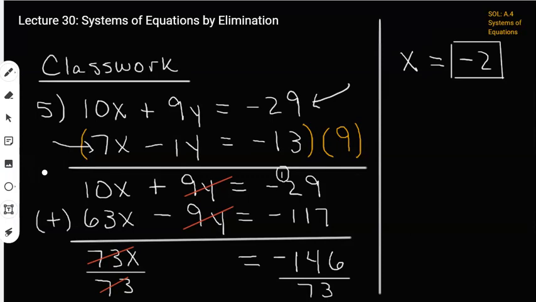I'm going to choose the top equation, but you could choose the bottom one and get the exact same answer. So I write out the top equation, just like I see it, and I'm going to let every x I see be negative 2. So I'm going to change this x into a negative 2 and see what happens.